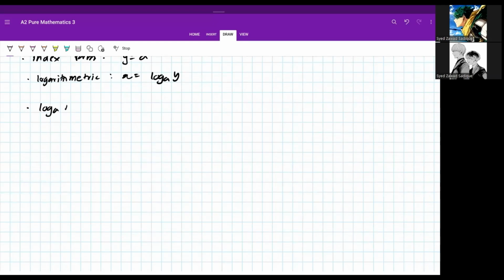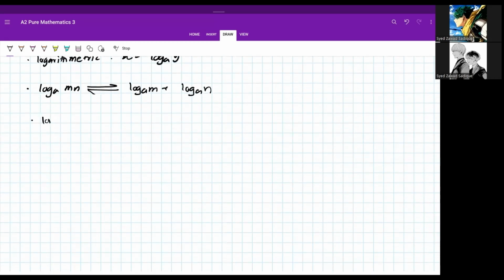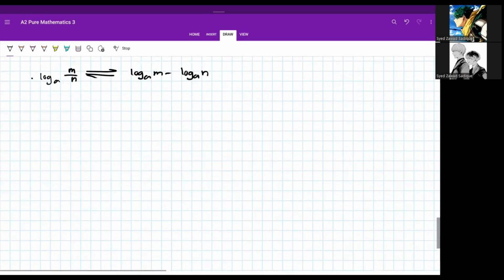Log a mn is equal to log a m plus log a n. Then log a m divided by n is log a m minus log a n. Log a m to the power n can be written as n log a m.